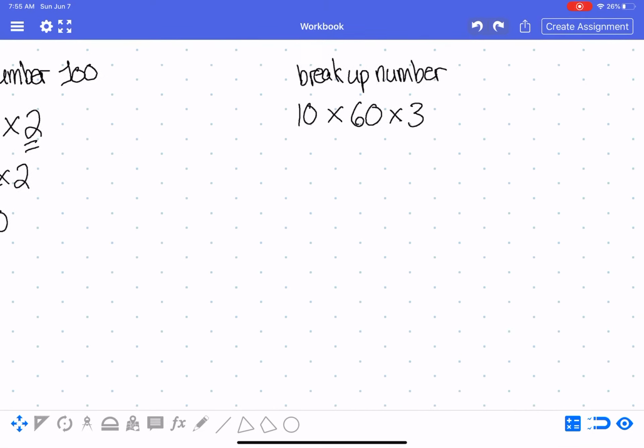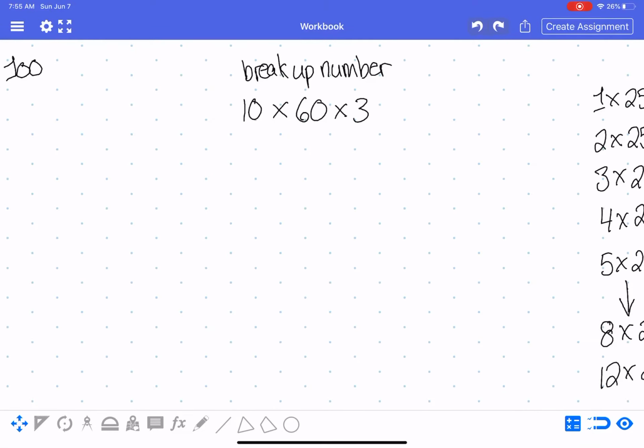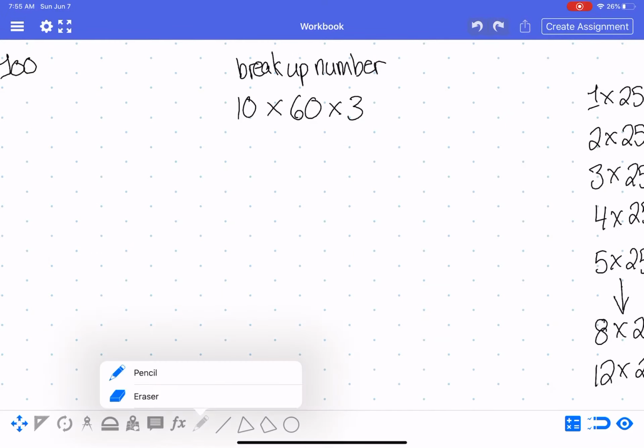Okay. Now, the other thing we could do is break up a number. And we're going to break up the 60, right? And in this case, breaking up the number really helps because if you don't break up the number, it probably doesn't work out as well, okay?